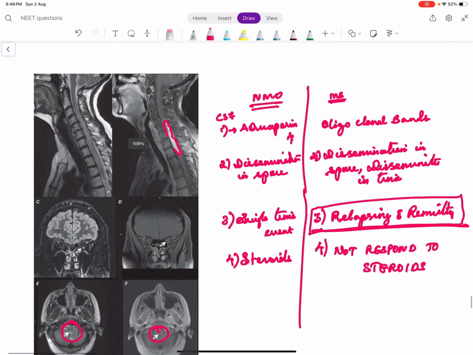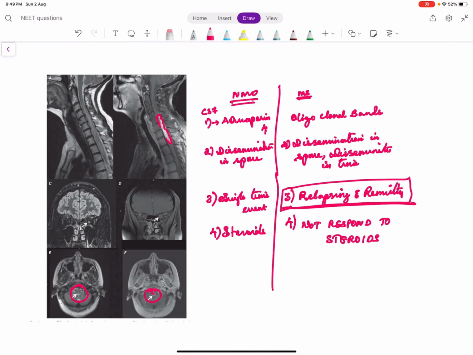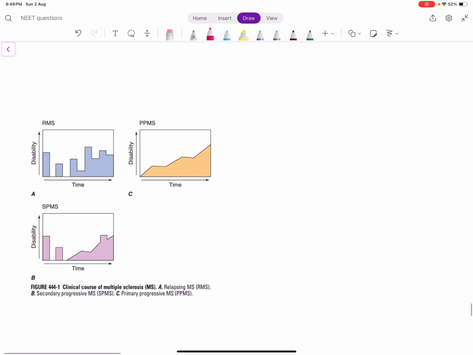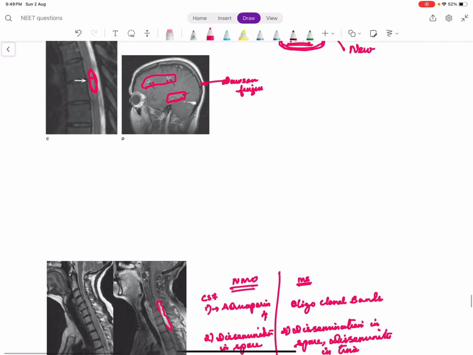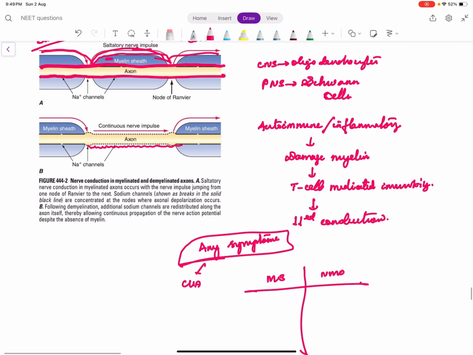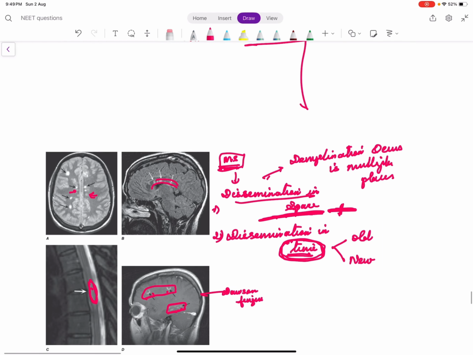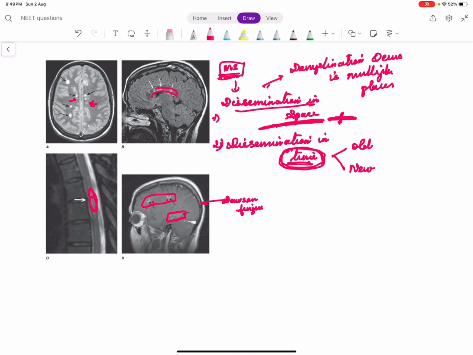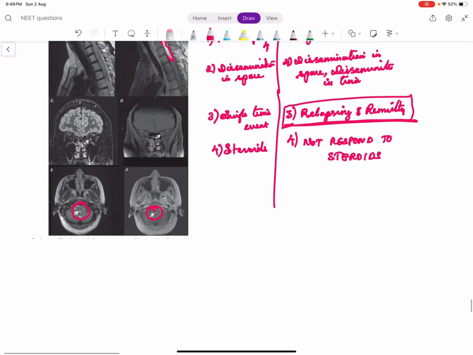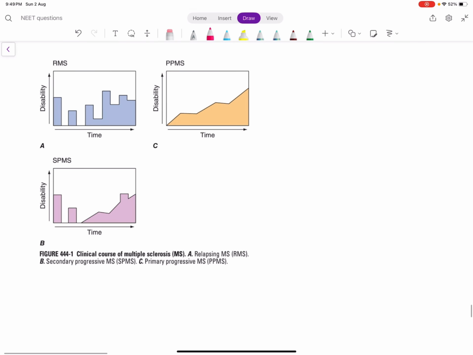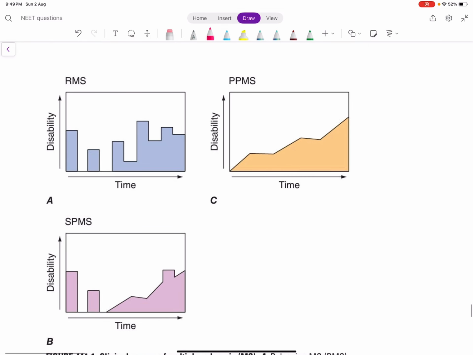So these are some demyelinating diseases. Why does demyelination occur? Due to some autoimmune pathology or some old infection or some autoreactive T cells, right? So we discussed the pathology of CNS demyelination due to multiple sclerosis and due to neuromyelitis optica. I told you multiple sclerosis is relapsing, remitting.